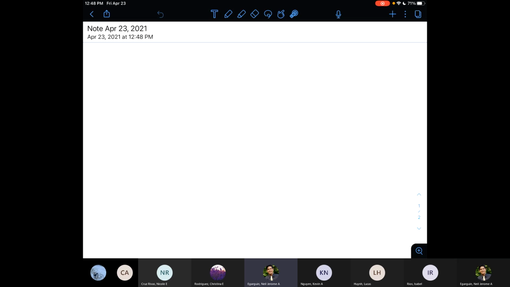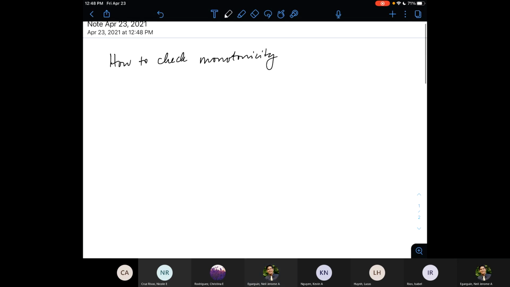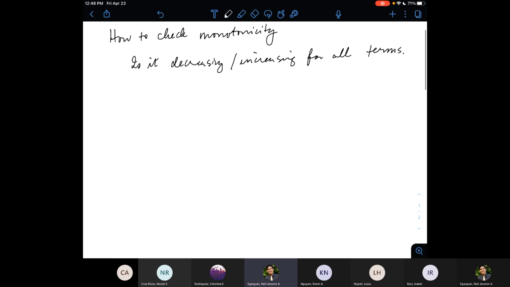For instance, how to check monotonicity? There are several ways. For monotonicity, you need to say whether it's increasing or decreasing all the way, right? So the question here is, is it decreasing or increasing for all terms? One way to check it would be to compare a sub n plus 1 minus a sub n with 0.